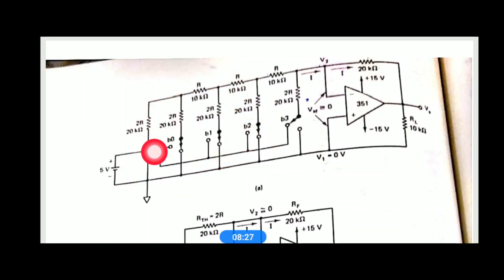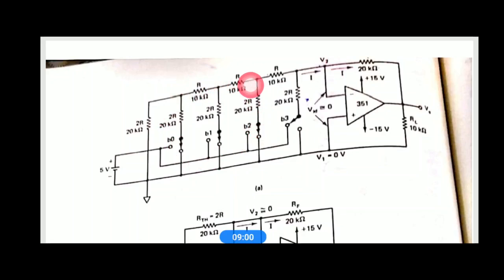From here to here is in parallel with this resistor 2R. This total resistance 2R is again in parallel with this 2R, which will give you the total resistance from this to this as R. 2R in parallel with 2R will be R here.